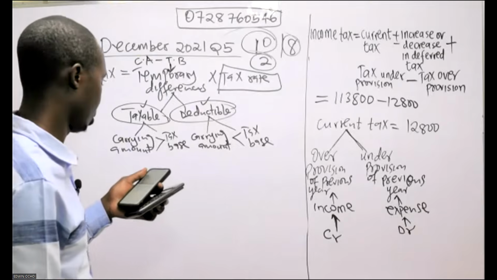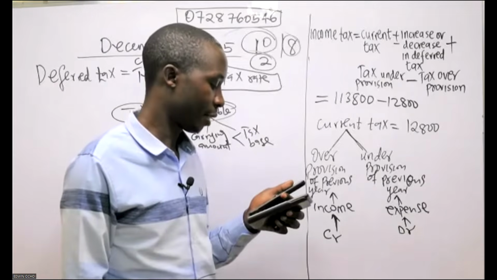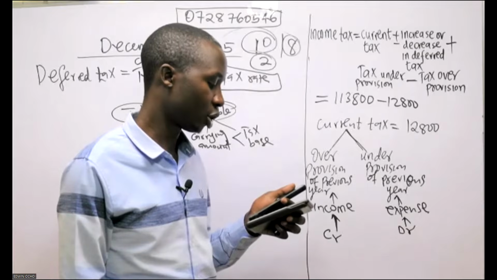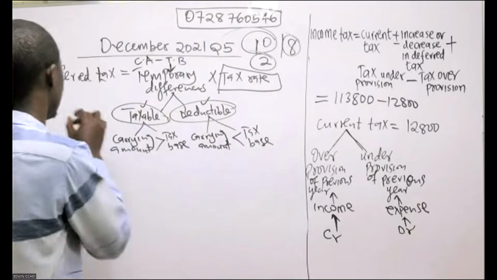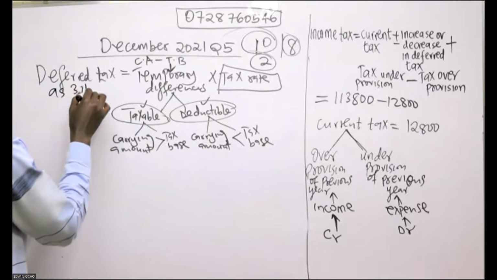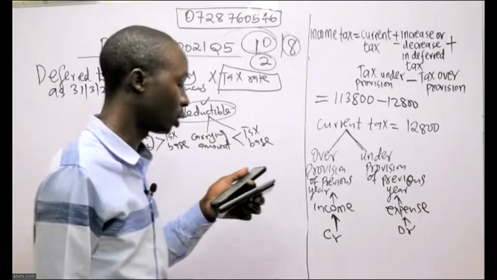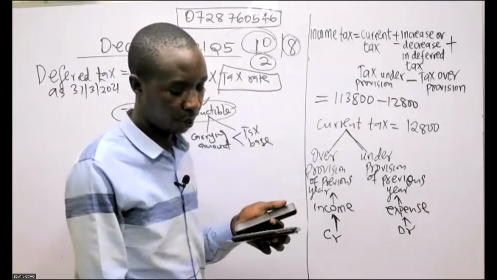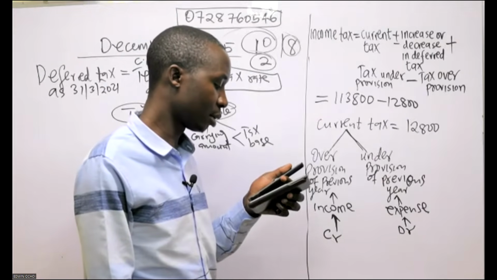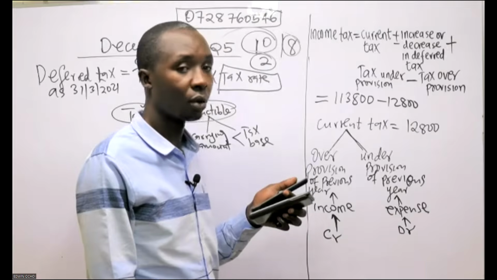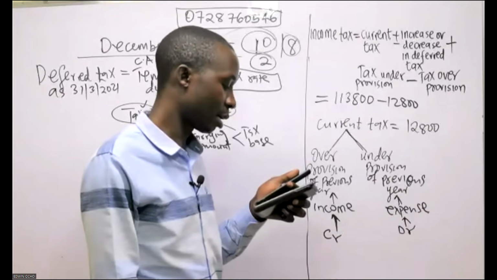In the last sentence of note 3, they said that as at 31st March 2021, remember we are looking for the deferred tax as at 31st March 2021, the tax base of Bawabu's Limited's net asset was 292,000 less than the carrying amount.